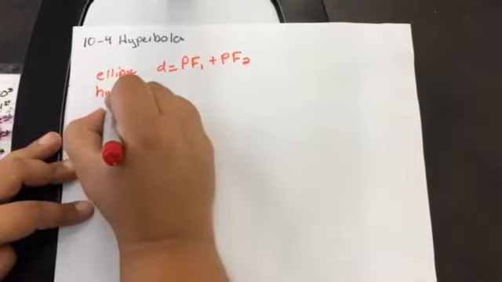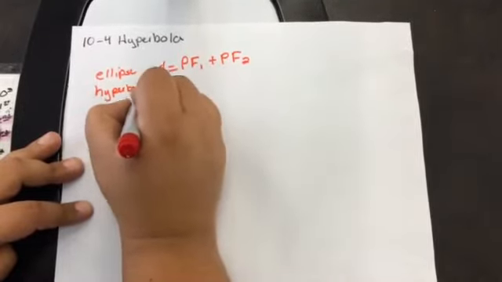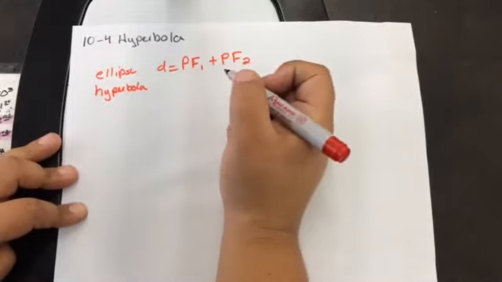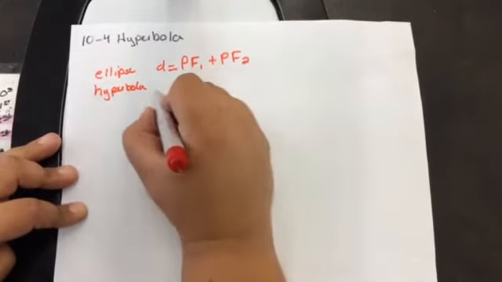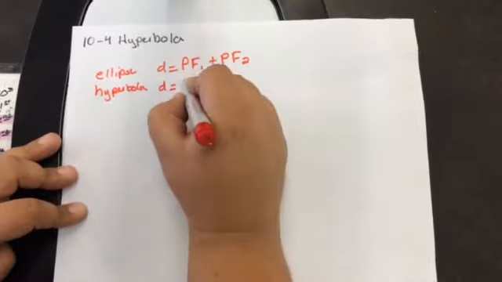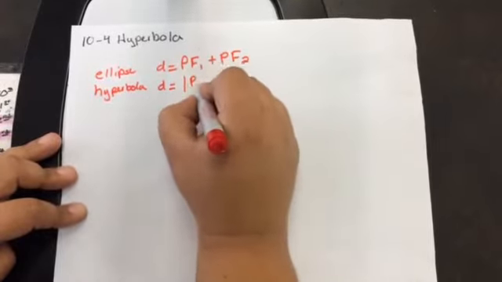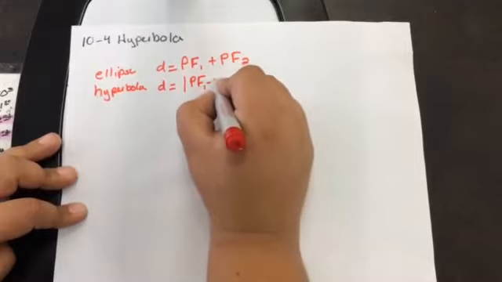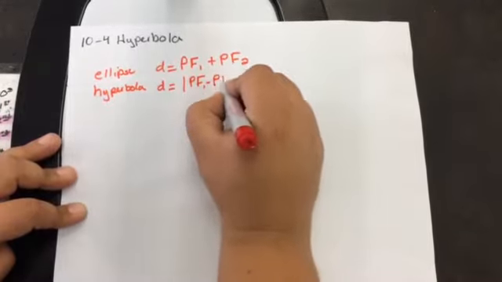For a hyperbola, the difference of the distance to the foci is constant. So it would be d equals the absolute value of PF1 minus PF2.